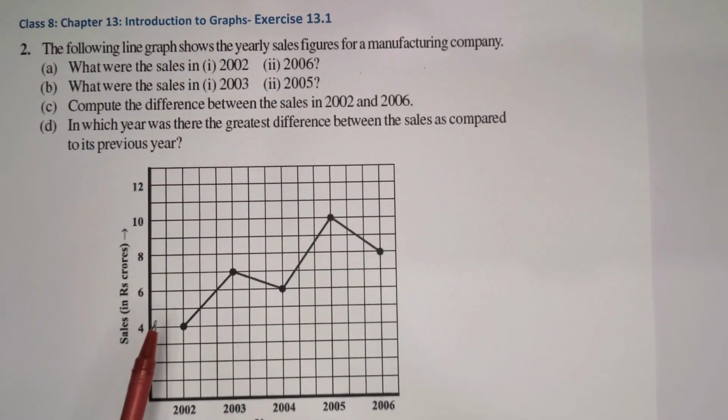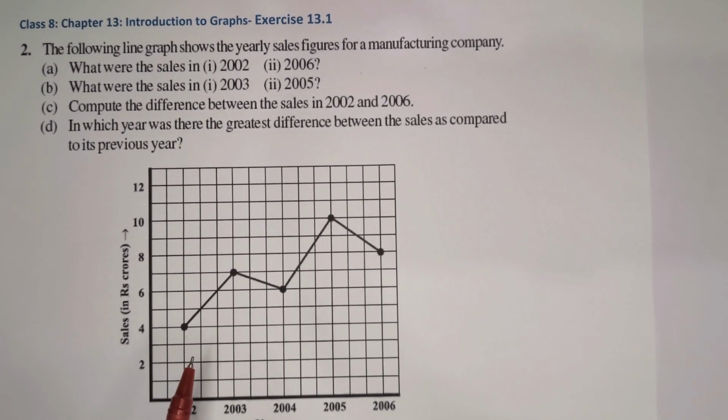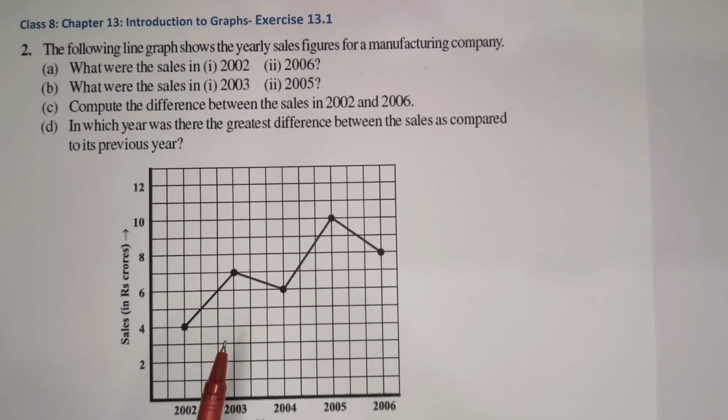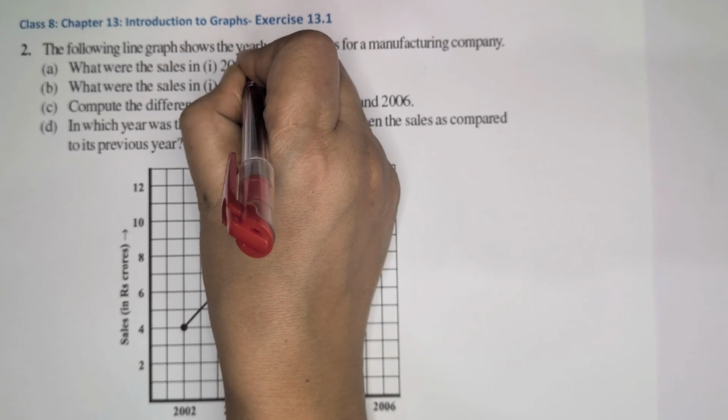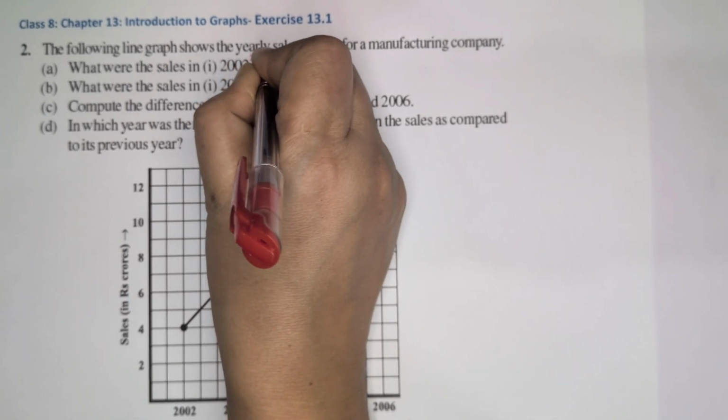Second question, the following line graph shows the yearly sales figures for a manufacturing company. What were the sales in 2002? For 2002 we can see from here upward, and corresponding to that the horizontal line shows 4 crores. So we can write here 4 crores.